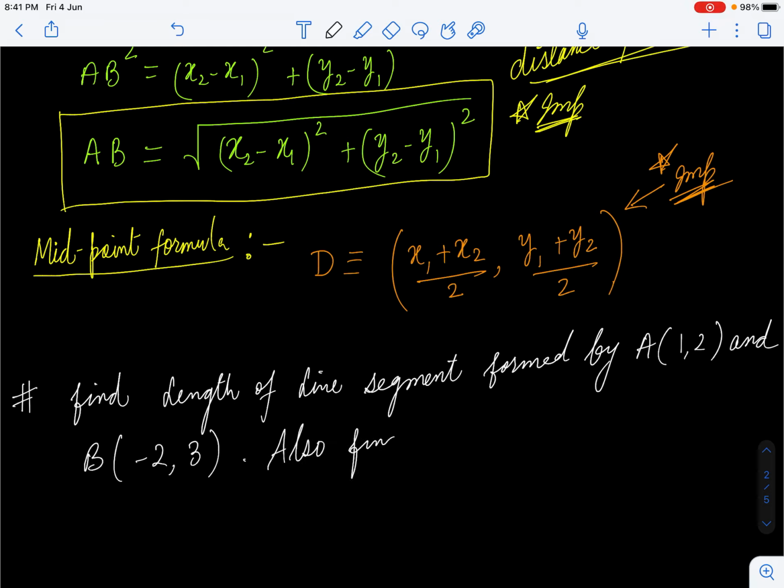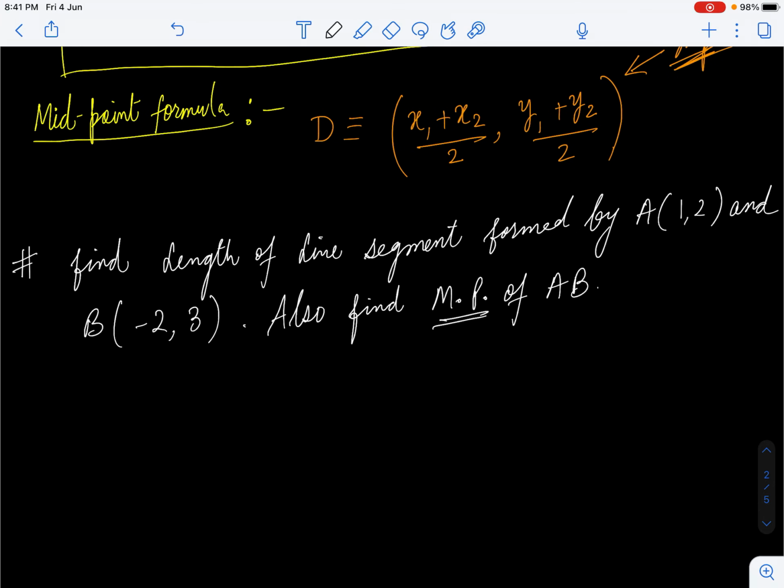Also find the midpoint of AB. This is nothing but the midpoint. Okay, so this is the question.